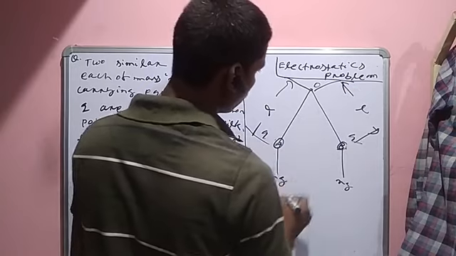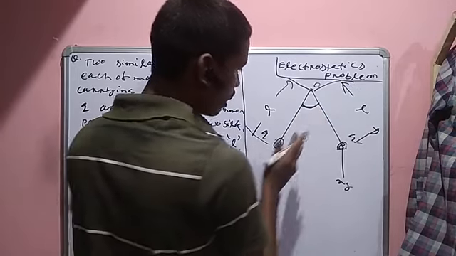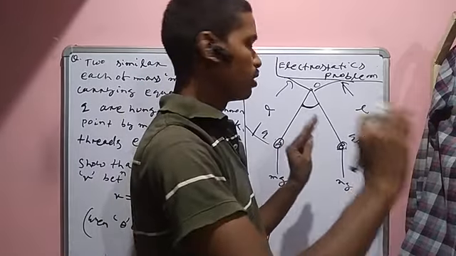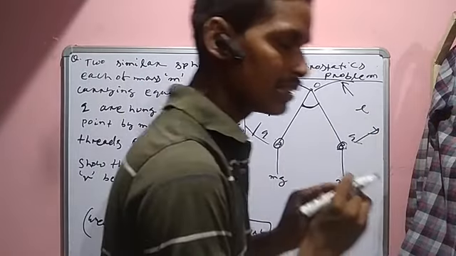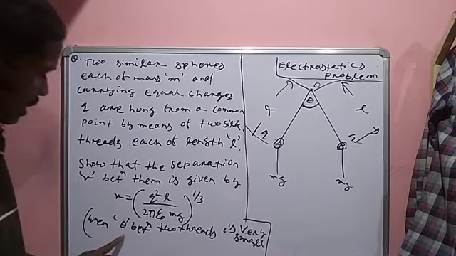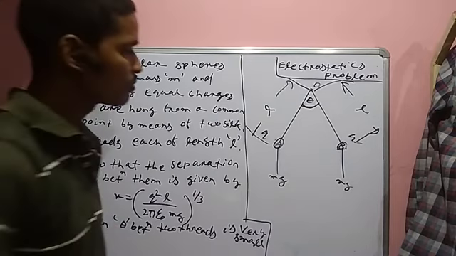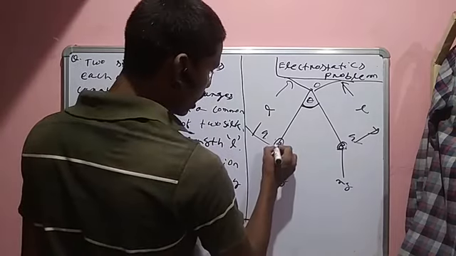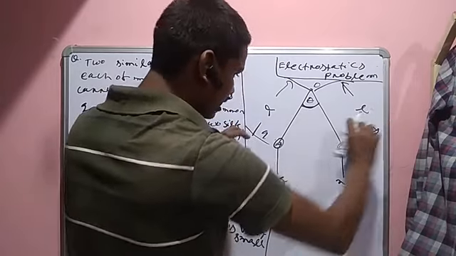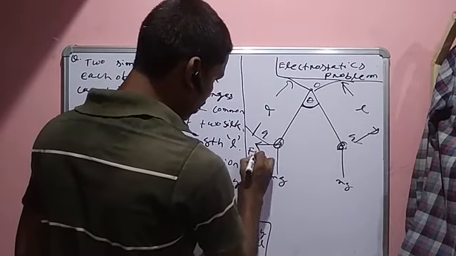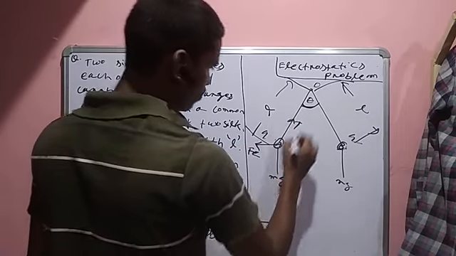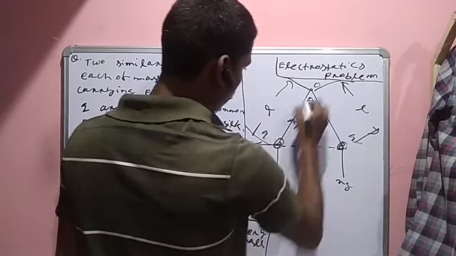Whenever the two charged bodies spread, they create an angle theta. Theta, the angle between the two threads, is very small. The electrostatic force acts here, and the tension is here. Similarly, join this.